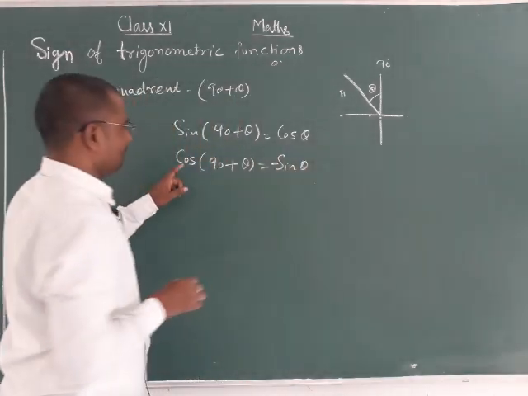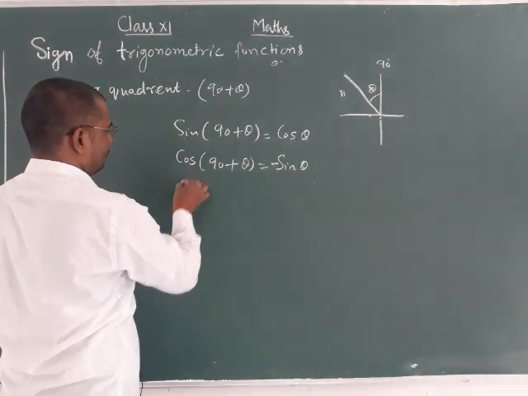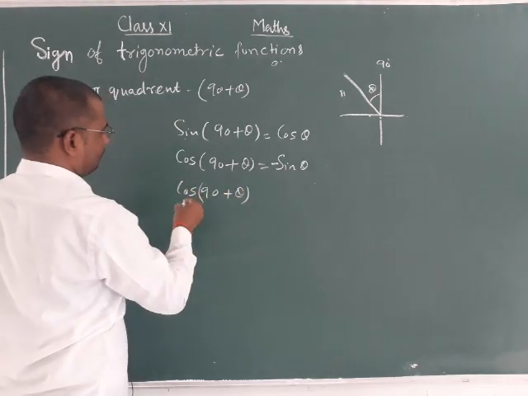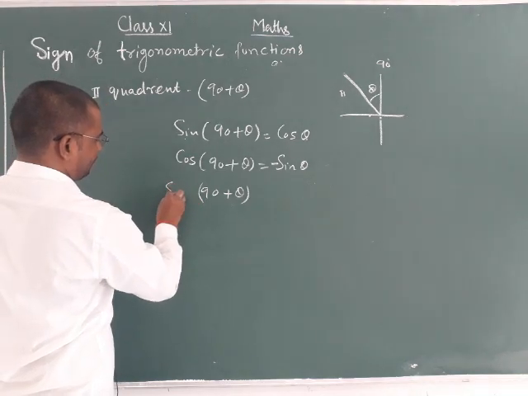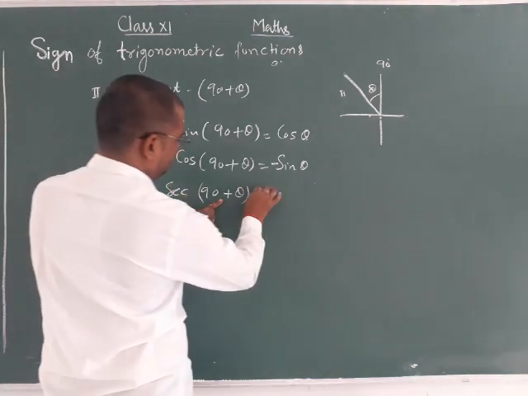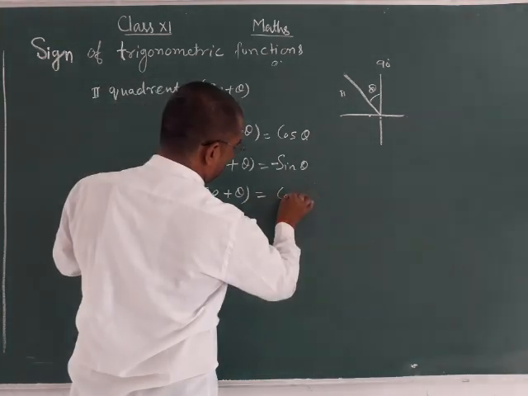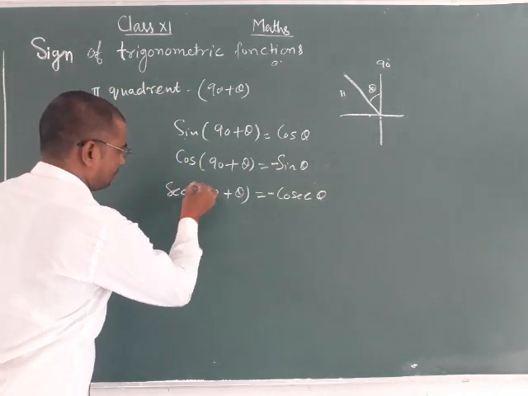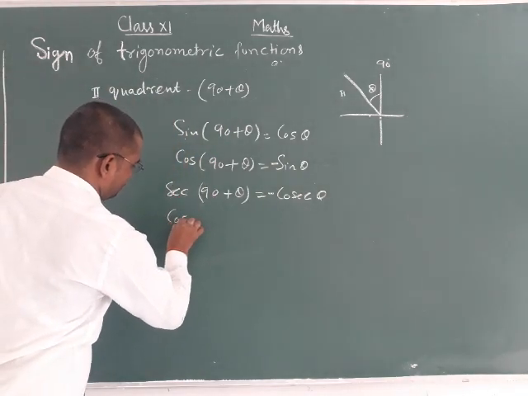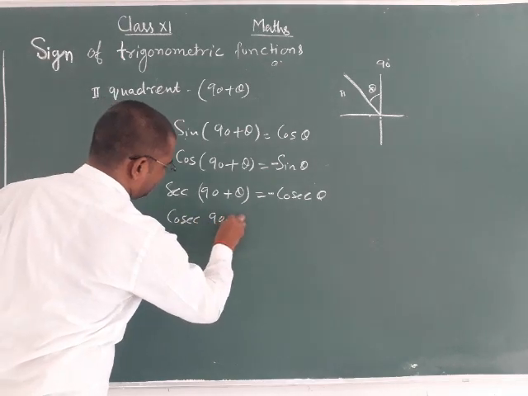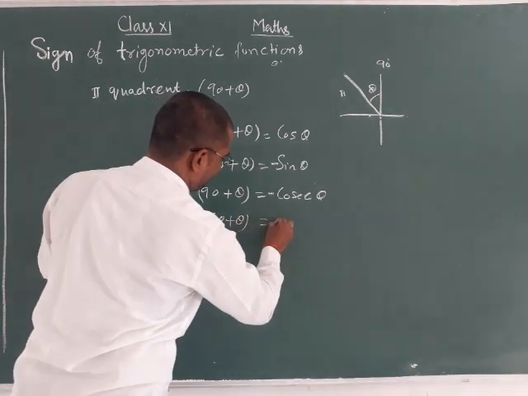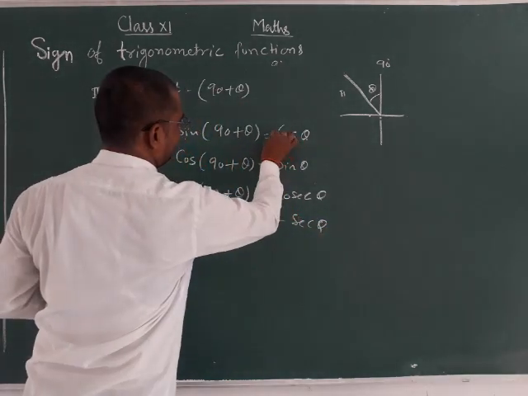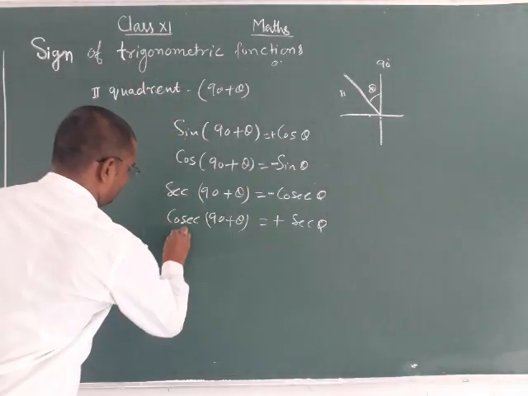Sec 90 plus theta is minus cosec theta, and cosec 90 plus theta is sec theta, positive.